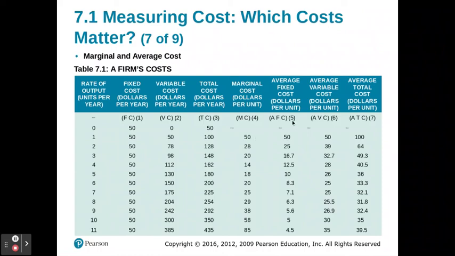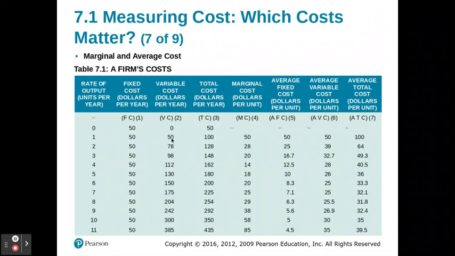Column 5 is simply column 1 divided by the quantity. So 50 divided by 1, 50 divided by 2, that's why this is 25. 50 divided by 3, 50 divided by 4, and so on. Column 6 is column 2 divided by the quantity.